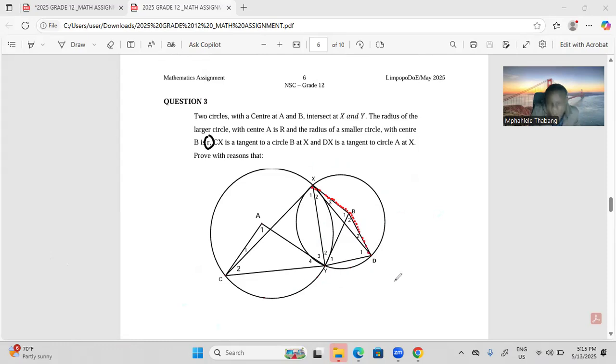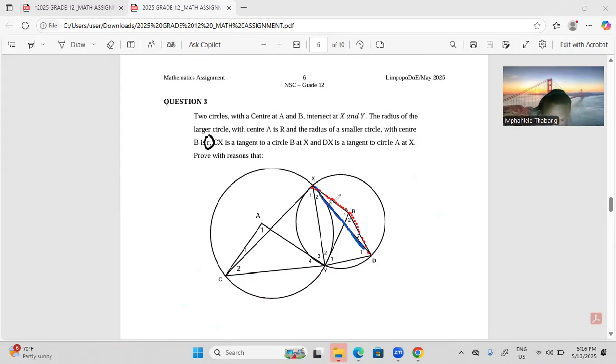So I will call the side which stands alone, which is not equal to those, the side which is not equal to BX and BD, the base side. Remember, BX and BD are equal. Which means that the angles seated on this base side are equal.